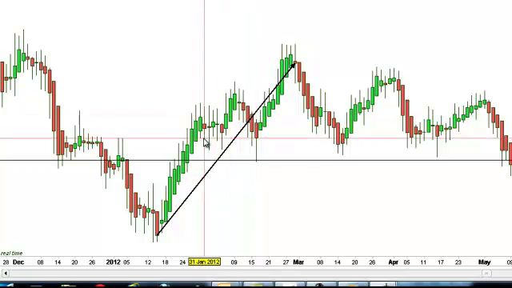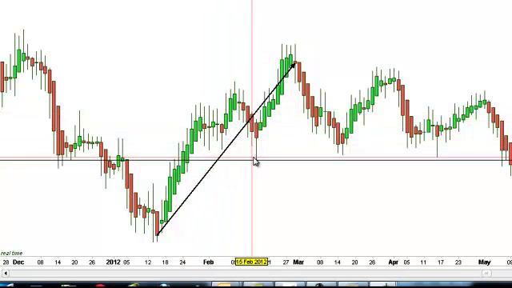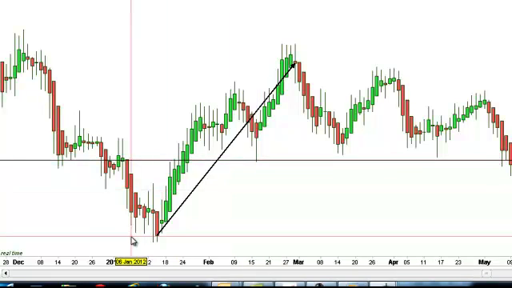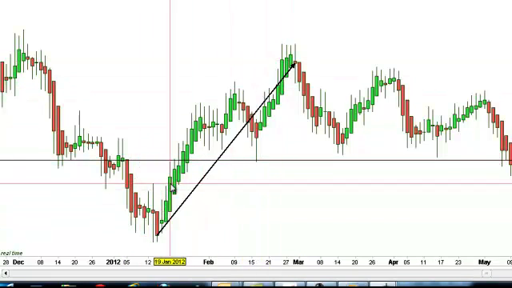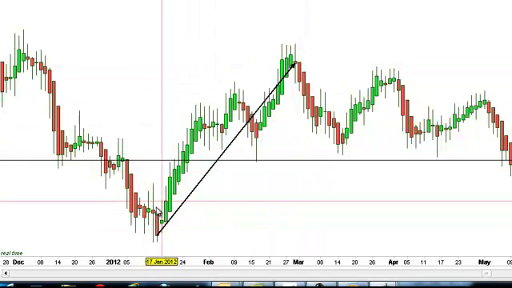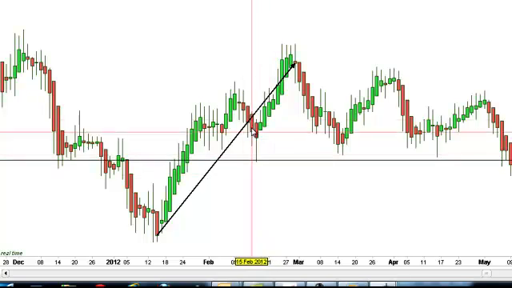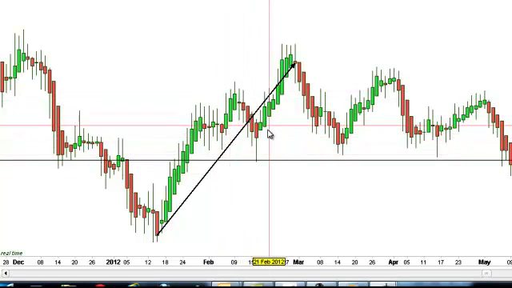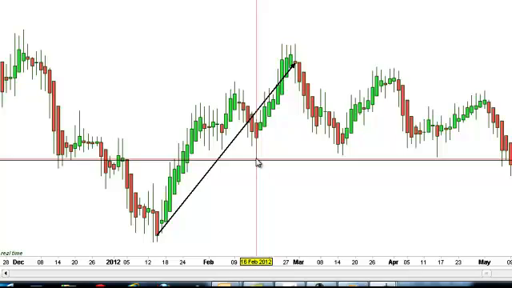When price came down and touched that mark, that would have been a good opportunity to buy. As price is going up, we only want to trade with the trend. So we want to buy this pair, but we wait for a market correction to pull down to take us into a buy entry up.